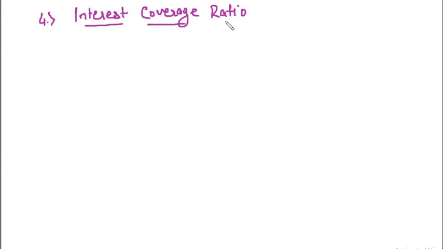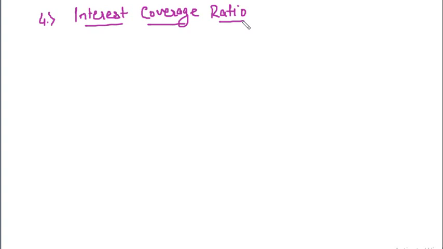Now if we talk about the ratios, I told you in the very first lecture that ratio is a relationship between the two financial factors of the business. So first of all, we will identify what are the two financial factors involved in the interest coverage ratio, right?